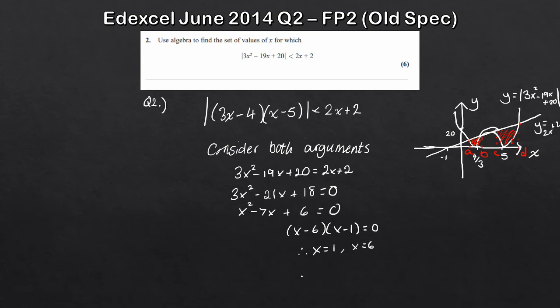So now, if we consider the negative argument, we should hopefully work out B and C. So what would that be? Well, that's essentially just going to be our 3x squared minus 19x plus 20 being equal to the negative of this, because if we'd have the minus here and we divide through by the minus 1, it just ends up on this side.